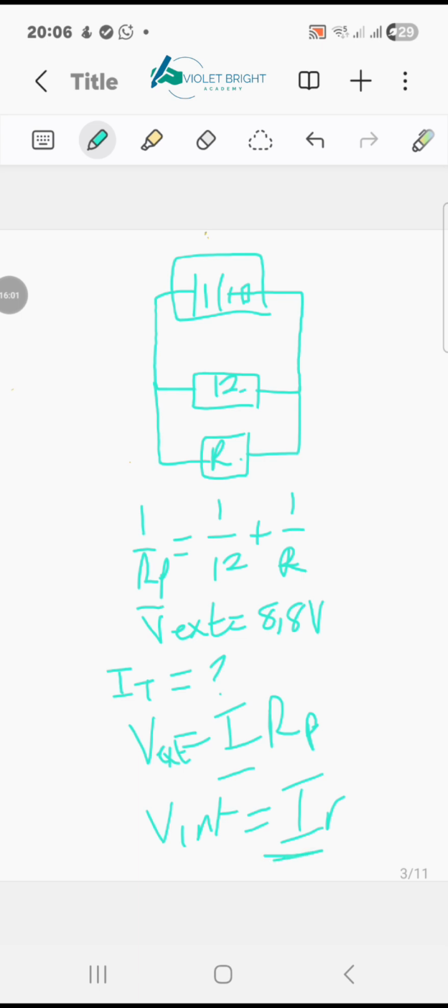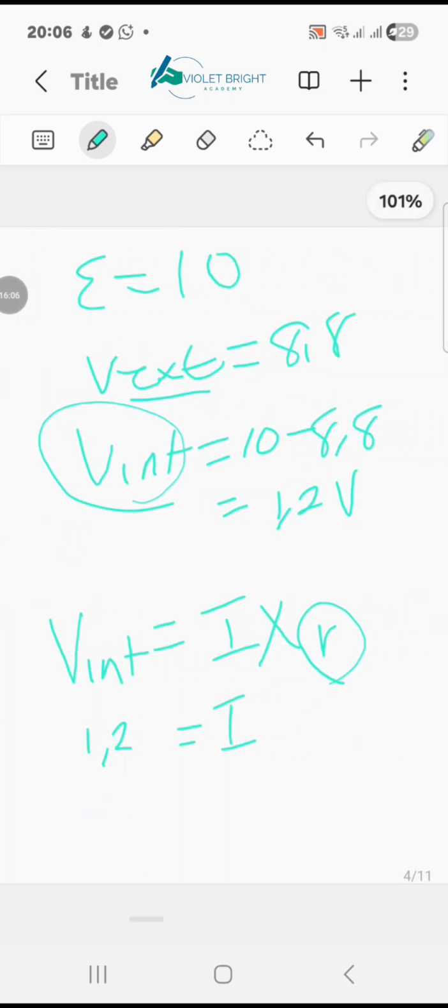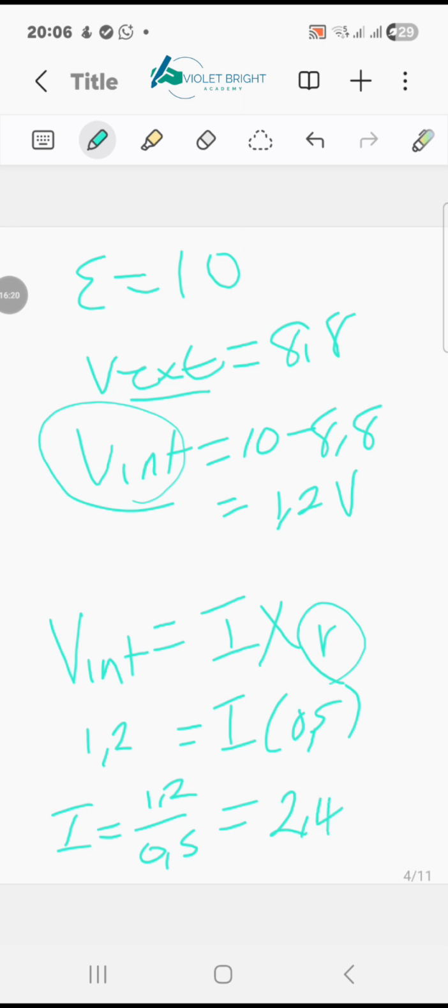So we are looking for this, that is common also on this side. So this will be 0.5. We know that I is 1.2 divided by 0.5, which is 2.4 amperes.